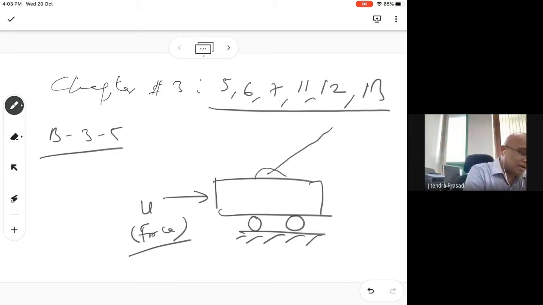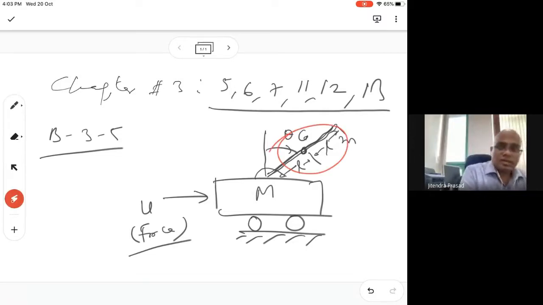So there is a bar which is given like this, and this is angle theta. This bar total mass is m. And this is the center of gravity G, which is L from here, midway. Big mass M for the cart, a small mass m for the bar.